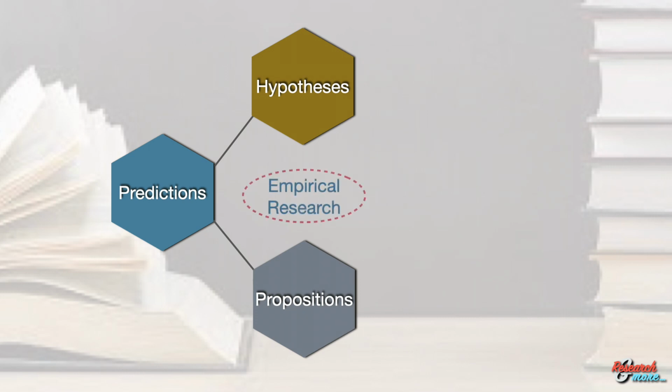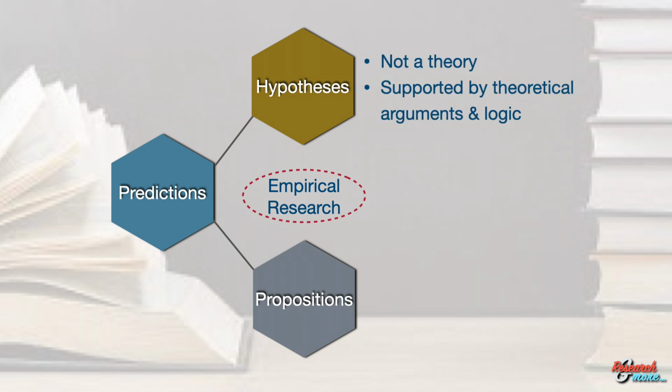The term empirical research refers to the study of reality where only knowledge gained through observation is acceptable. A hypothesis is not itself a theory. It is simply a prediction. It is essential that every hypothesis is supported by theoretical arguments and logic, as well as previous empirical findings where they exist.